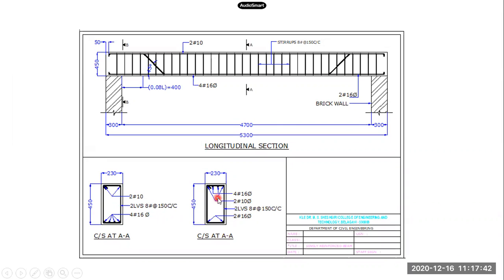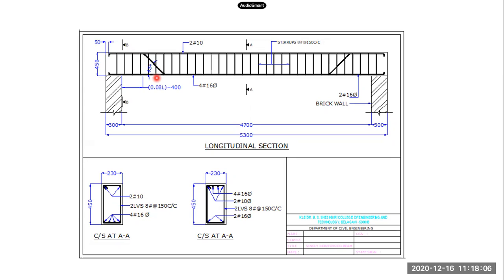And at the support, what will happen on the top side? See, in this case, the bent up has been used. So what happens is the 2 bars will go to the top now after the bent up. This was a practice earlier, having bent up bars. Nowadays we don't go for giving the bent up bars. Normally curtailment is preferred over the bent up.